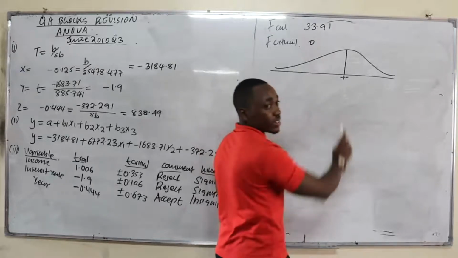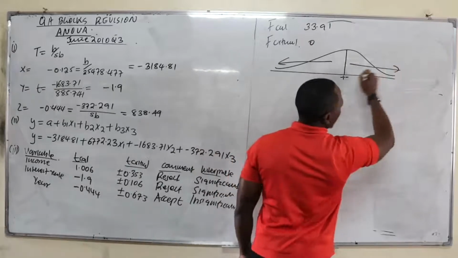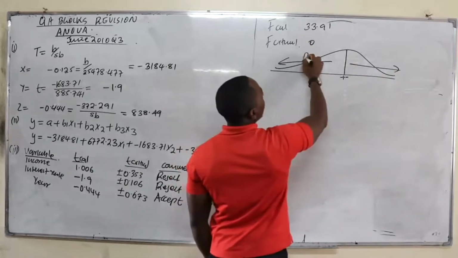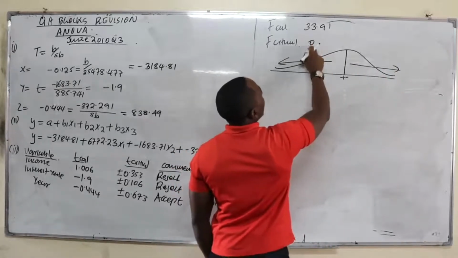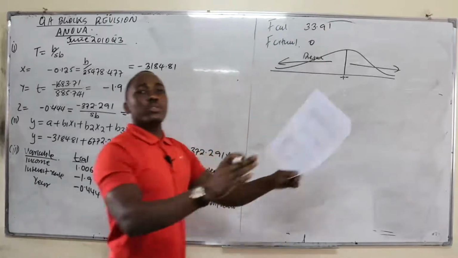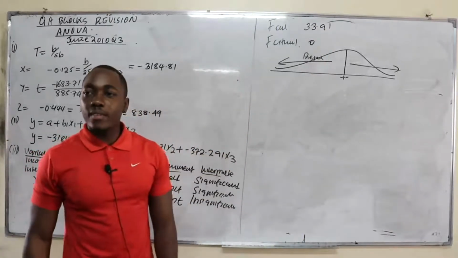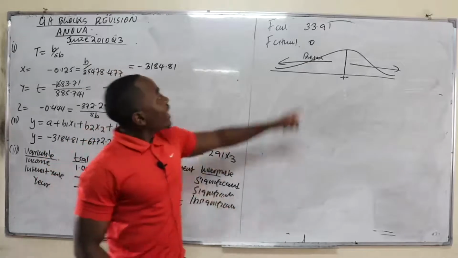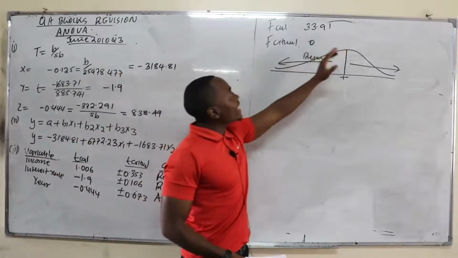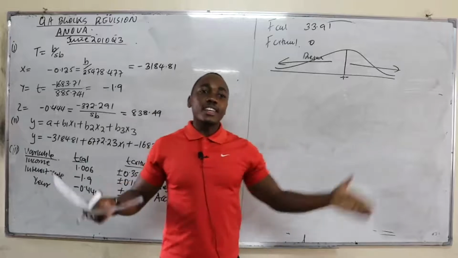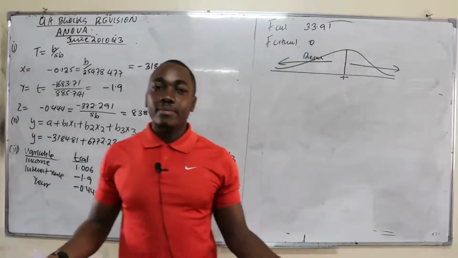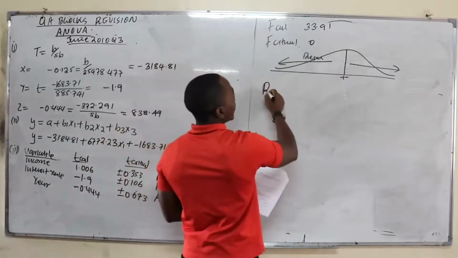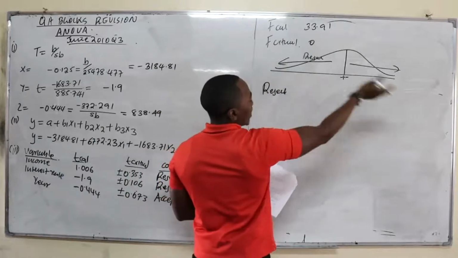If it falls outside that, you do what? You reject. Now ask yourself, that 3.91, is it in between or outside? Should we accept or reject? We reject. It falls outside. Are we together?